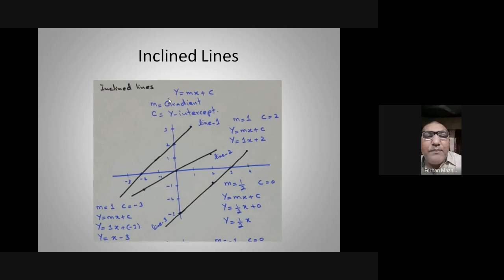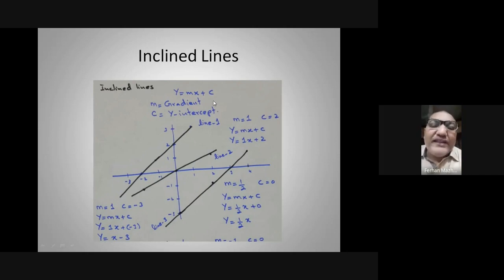With y alone on one side, the coefficient of x is m, that is the slope, the gradient, and then you have plus c. This c is equal to the y-intercept.